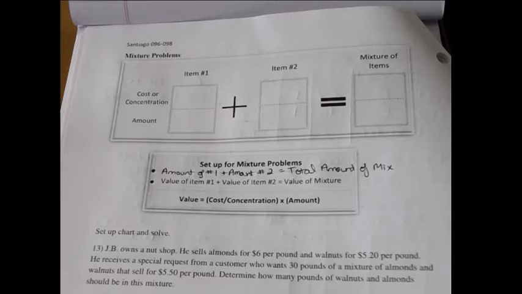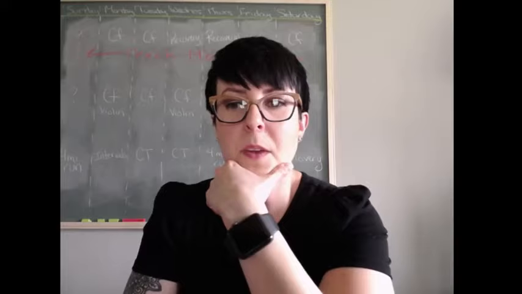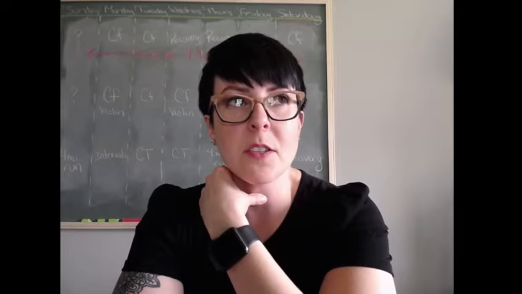Now I want to have a quick conversation about value because I think sometimes we way overthink it in terms of these mixture problems. So when we think about the value of an item, I want you to think about what it looks like when you go to the grocery store, for instance. So let's say that you wanted to go to Wegmans, right?